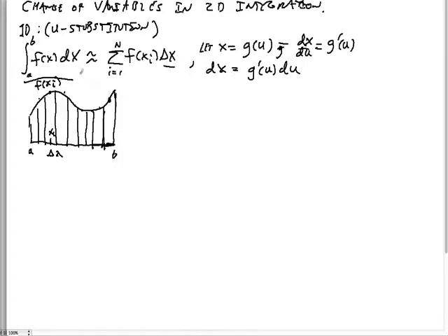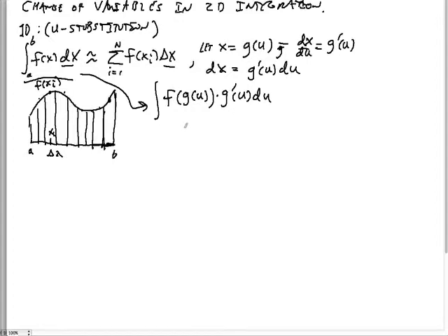That means we can go down here: integral of f, and wherever we see an x, we put g of u inside, and everywhere we see a dx, we can put g prime of u du. And the idea is that this integral is easier to compute.